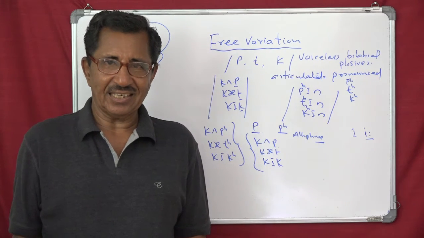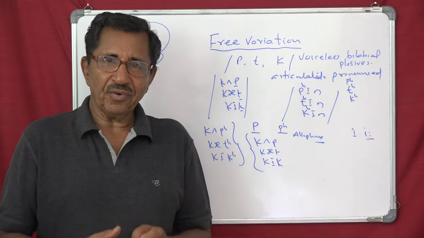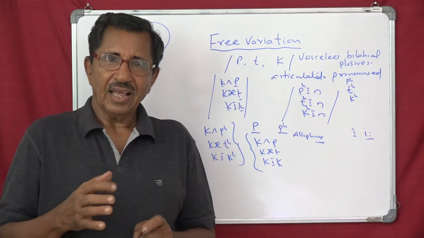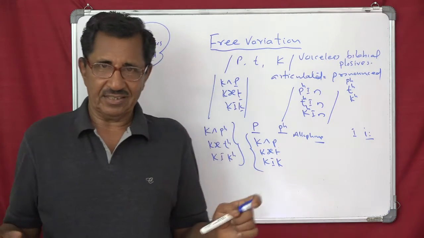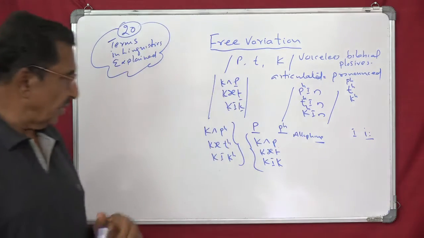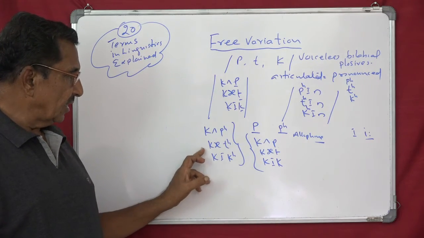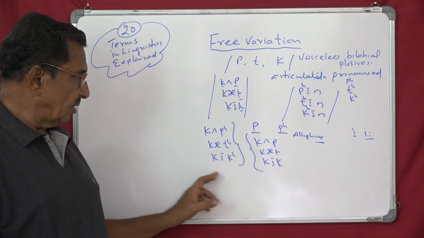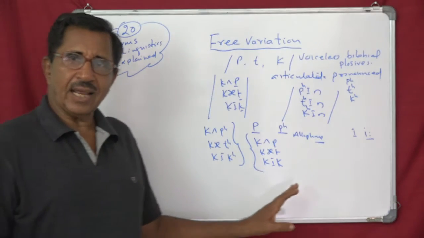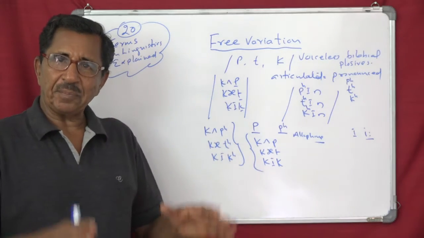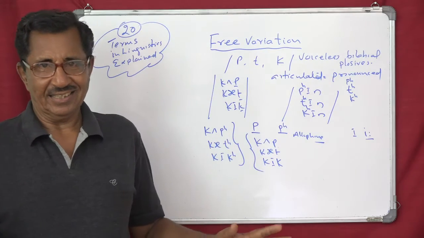Understand? It's as simple as that. So all allophones of a phoneme are in free variation. So I told you, whether you write it as cup or cup, cat or cat, kick or kick, you understand these words as cup, cat and kick.